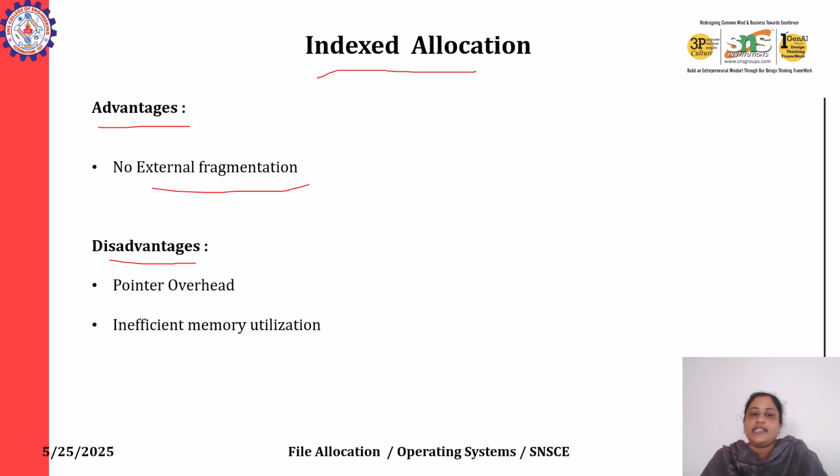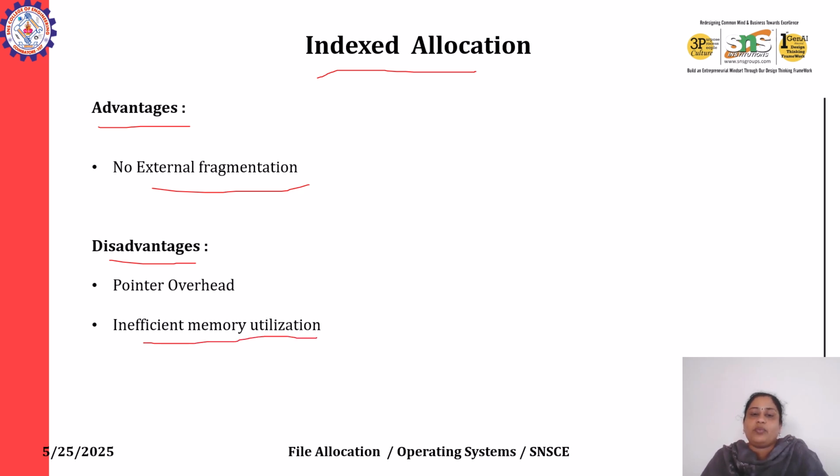Now let's see the disadvantages of indexed allocation. The first disadvantage is the pointer overhead. Compared to linked allocation, the pointer overhead is greater in indexed allocation. Also, even if a file has only 2 to 3 blocks, each file will have a separate index block, which leads to inefficient memory utilization.